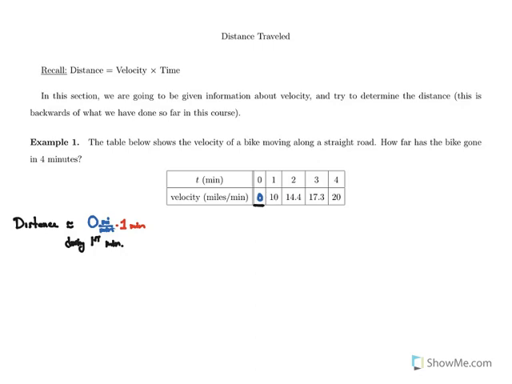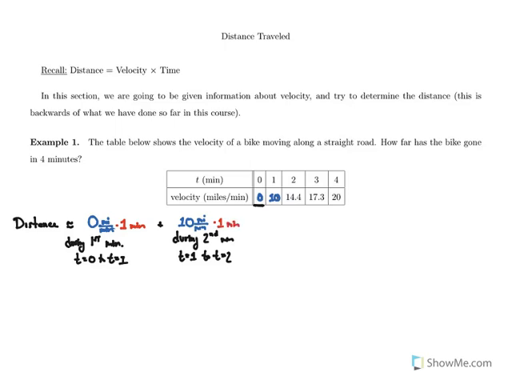Maybe the next one's going to be a little more clear. Now we're going to add how far we go in the second minute. The first minute is from t equals 0 to t equals 1. Now we're going to go from t equals 1 to t equals 2. That's the second minute. Now maybe we can use the next value. We know at t equals 1, we're going 10 miles per minute, and we're going to do that for another minute.